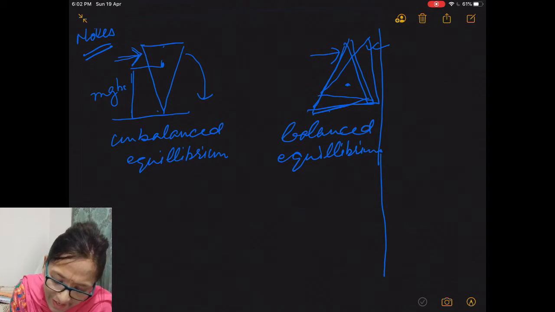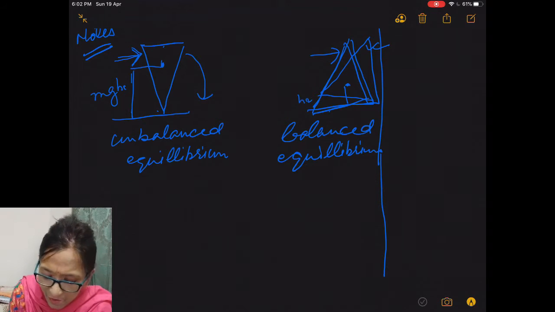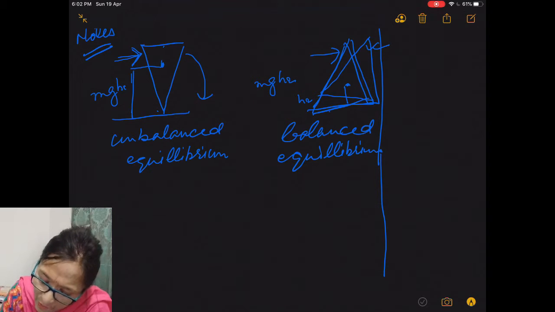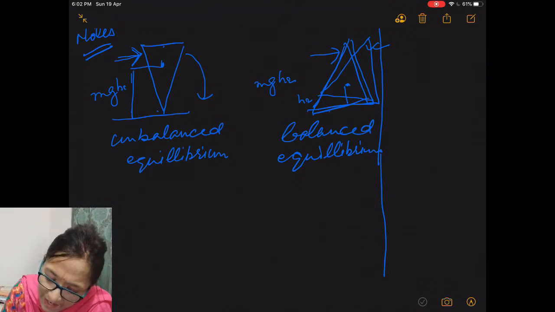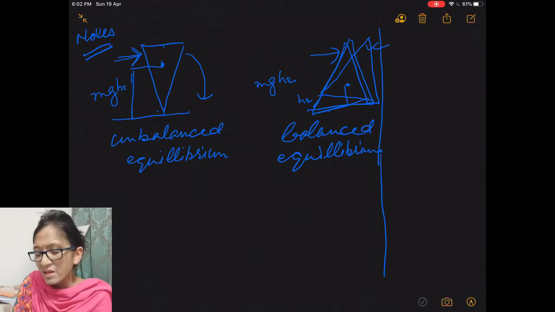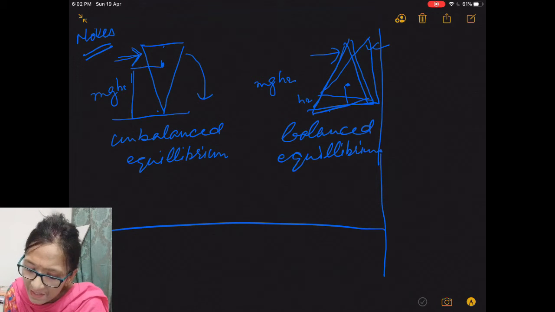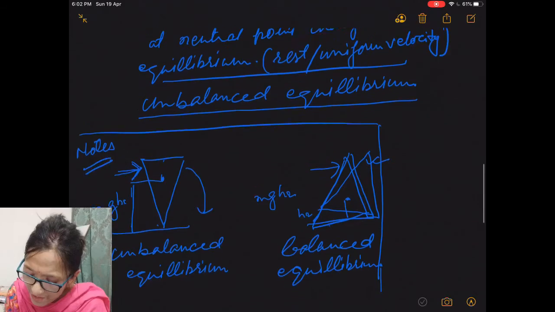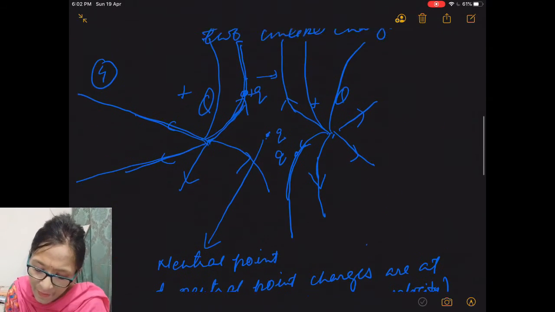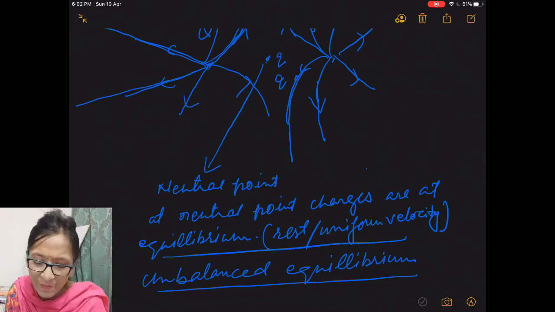Here potential energy is more, so equilibrium is unbalanced. But in this very case, you can see that h2 is small, so potential energy mgh2 also is small. So the smaller the potential energy, balanced equilibrium will be there. So these are the concepts behind balanced equilibrium and unbalanced equilibrium.